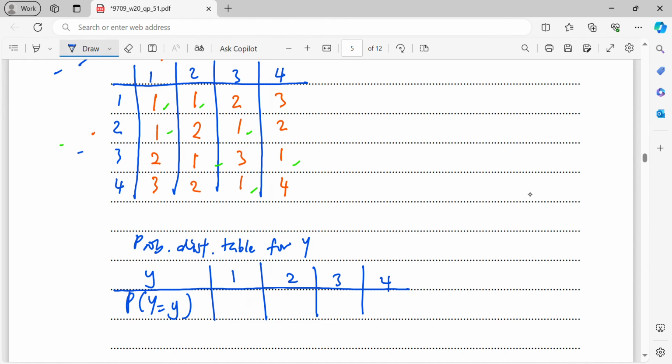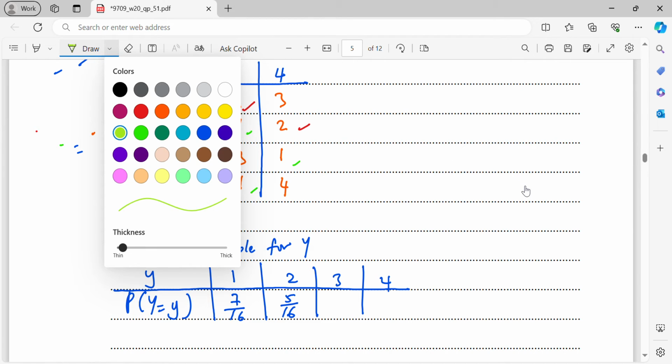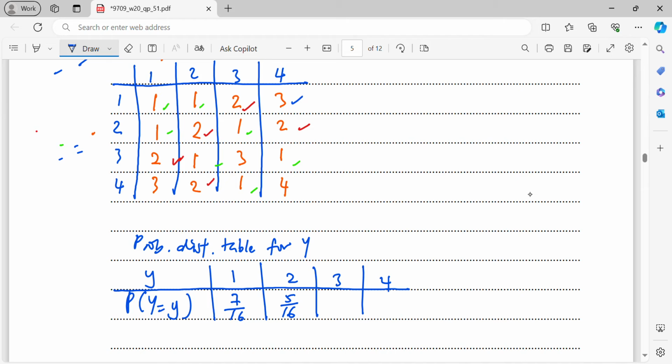So it will be 7 out of 16 because you have 4 rows and 4 columns. When it is 2, 1, 2, 3, 4, 5, so it will be 5 over 16. When it is 3, I will get 1, 2, 3, so 3 over 16. Obviously only one 4, so 1 over 16. To make sure this table is correct, make sure the total probabilities in the table is 1. So that's all for this question.